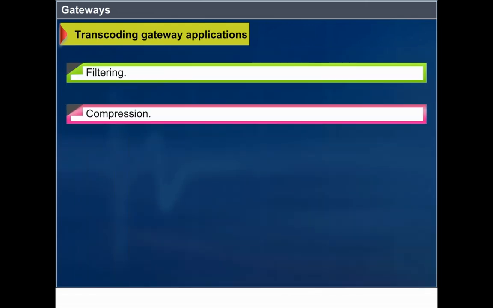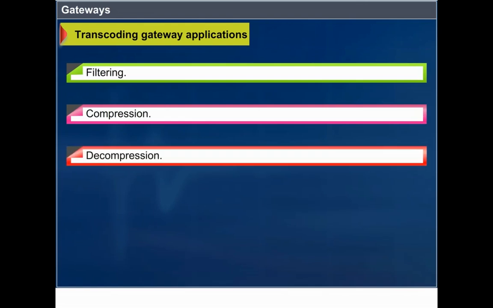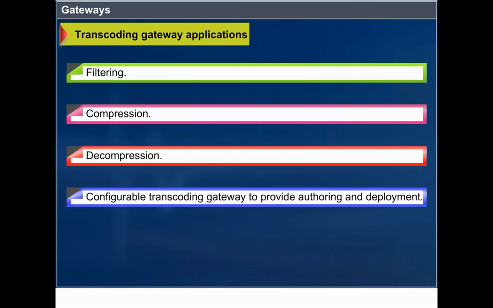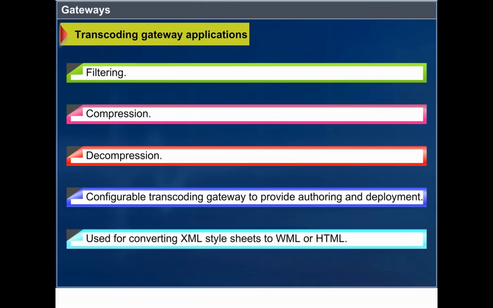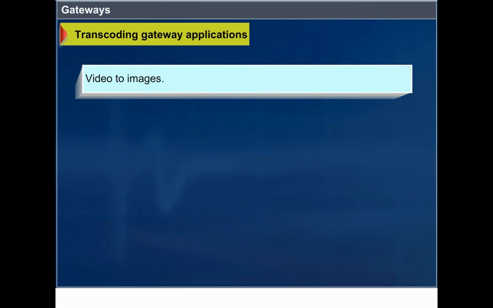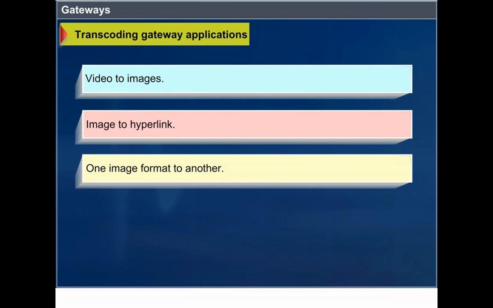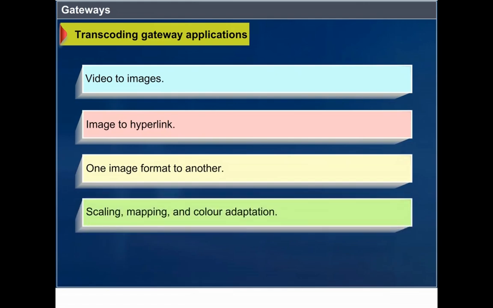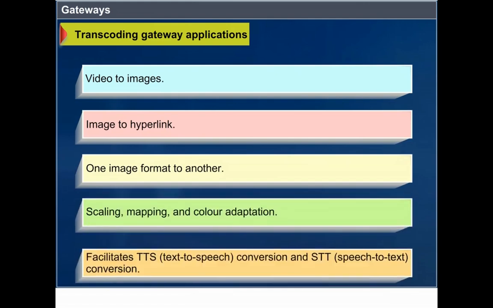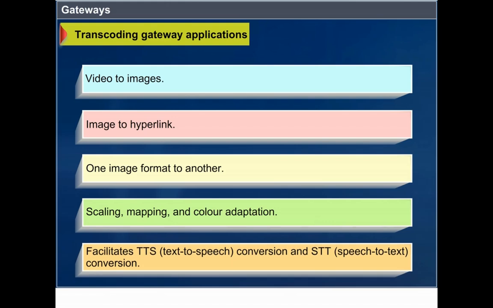Filtering, compression, decompression, configurable transcoding gateway to provide authoring and deployment, used for converting XML style sheets to WML or HTML, video to images, image to hyperlink, one image format to another, scaling, mapping, and color adaptation, facilitates TTS, text-to-speech conversion, and STT, speech-to-text conversion.